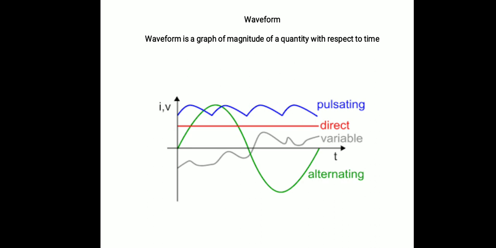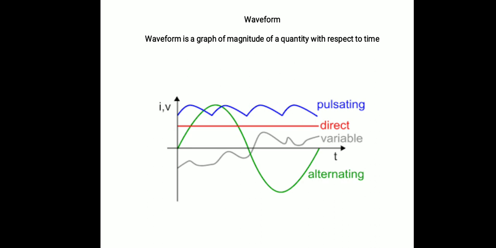So what is basically a waveform? Waveform is a graph of the magnitude of a quantity with respect to time. If you plot the graph of the magnitude of any quantity with respect to time, it becomes the waveform.